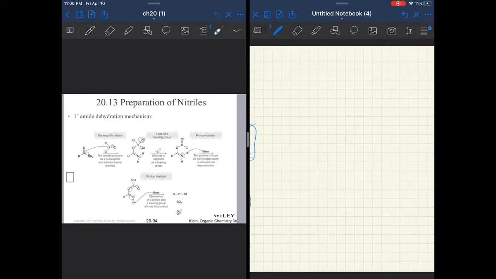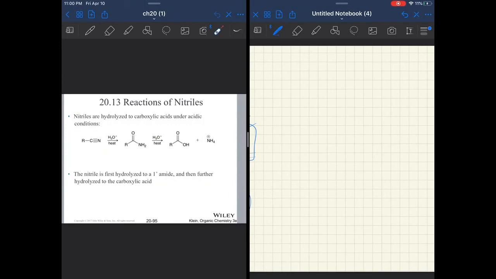Now, you do not need to know this fun mechanism. I know this is going to surprise you, but you can hydrolyze. Even though it looks different, the nitrile, when treated with H3O plus and heat, will hydrolyze all the way to a carboxylic acid.